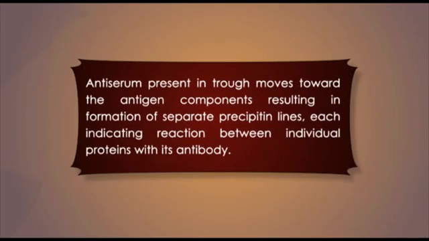Following electrophoresis, the separated antigens are reacted with specific antisera or antibody placed in a trough parallel to the electrophoretic migration, where diffusion is allowed to occur. Antiserum present in the trough moves toward the antigen components, resulting in formation of separate precipitin lines, each indicating the reaction between an individual protein and its antibody.